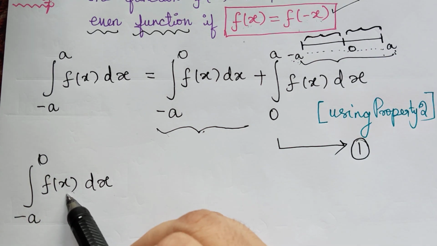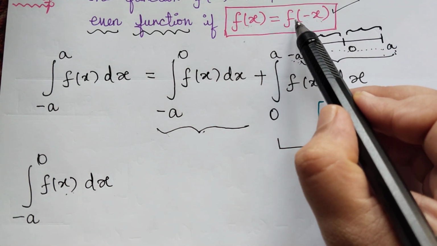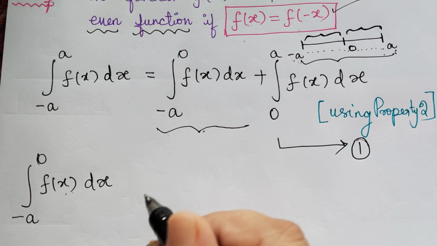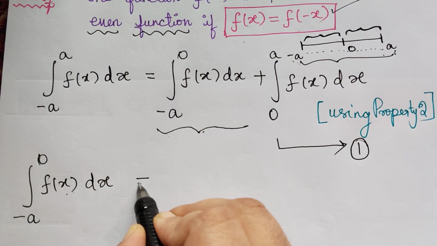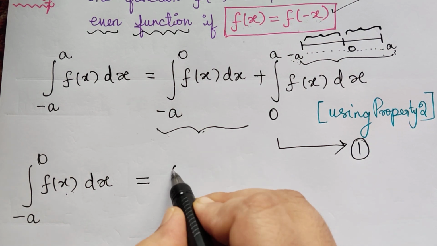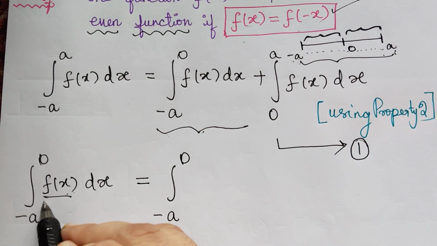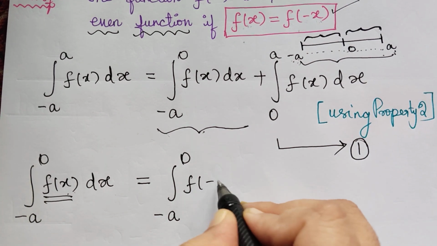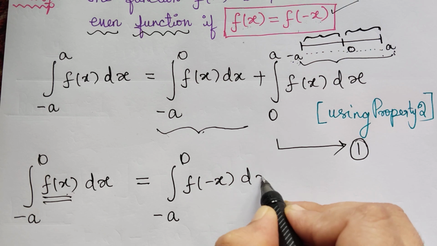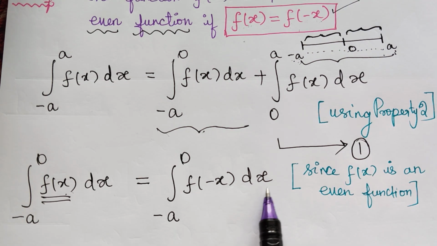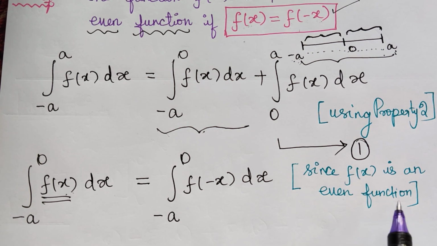So instead of f of x, I can replace it with f of minus x, since the given function f is an even function. So this will be equal to integral minus a to 0 f of minus x dx, the reason being that f of x is an even function.